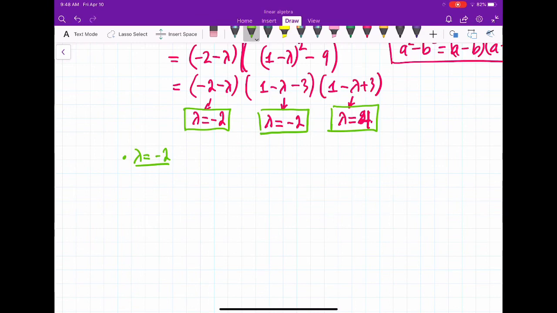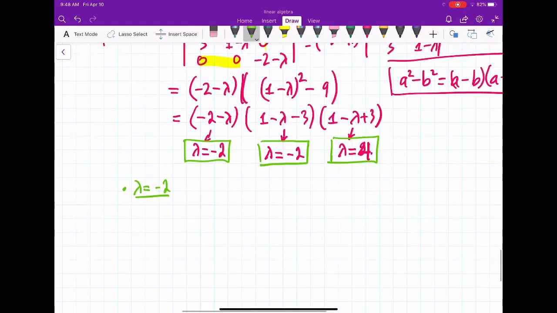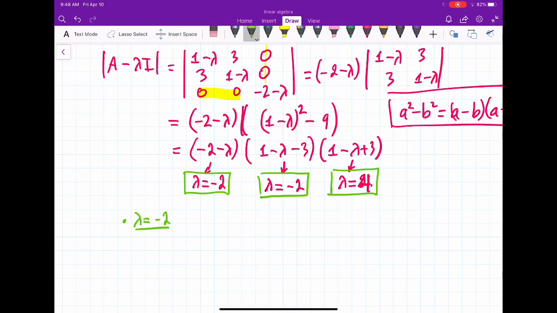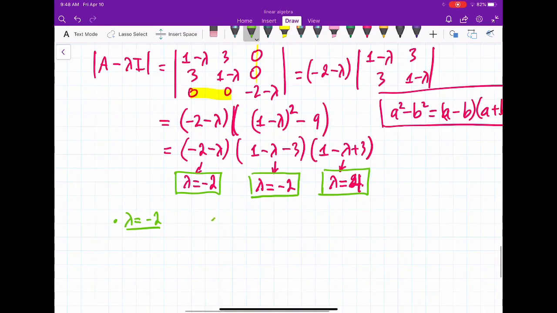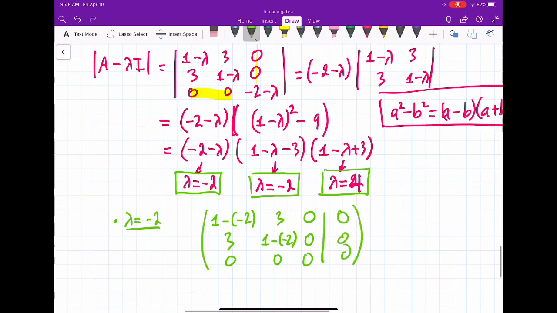Lambda equal to -2. We can solve the following system. We have 1 minus -2, 3, 0, 3, 1 minus -2, 0, 0, 0, and 0, equal to 0, 0, 0.